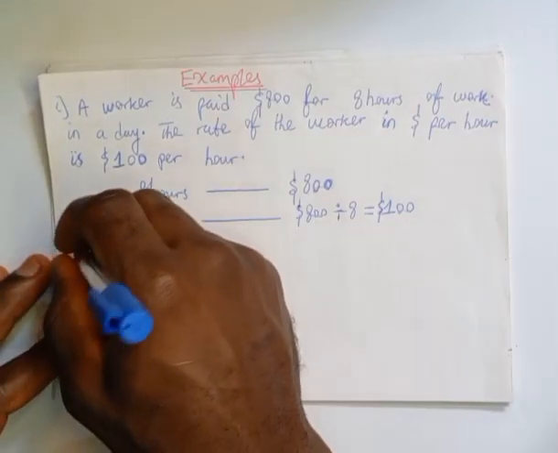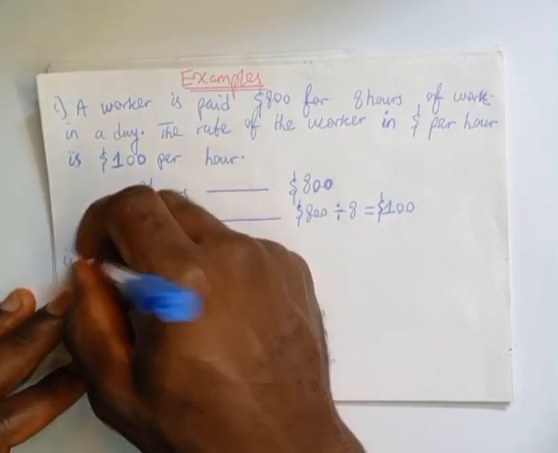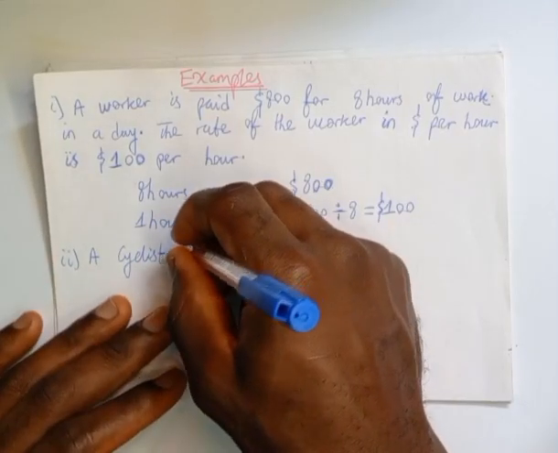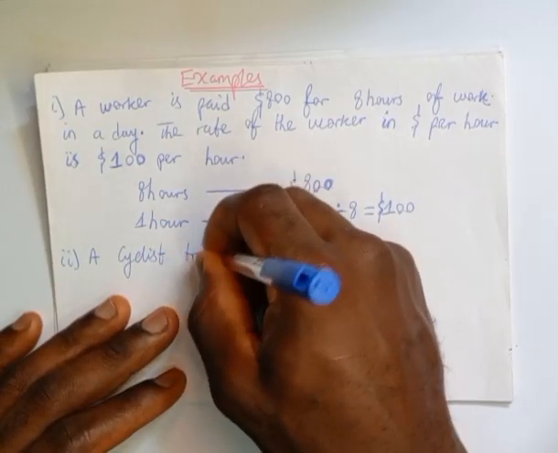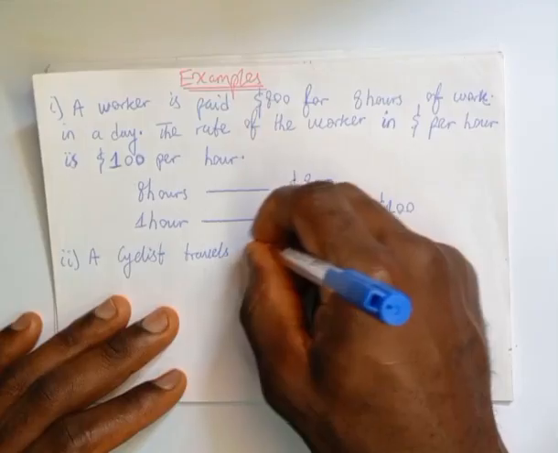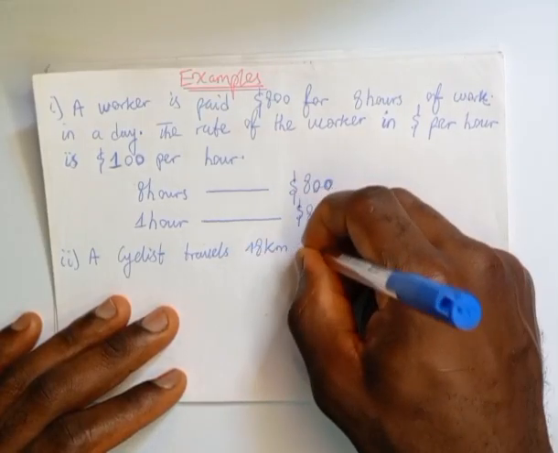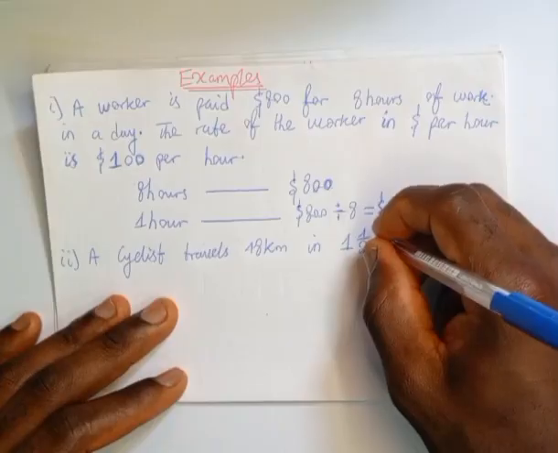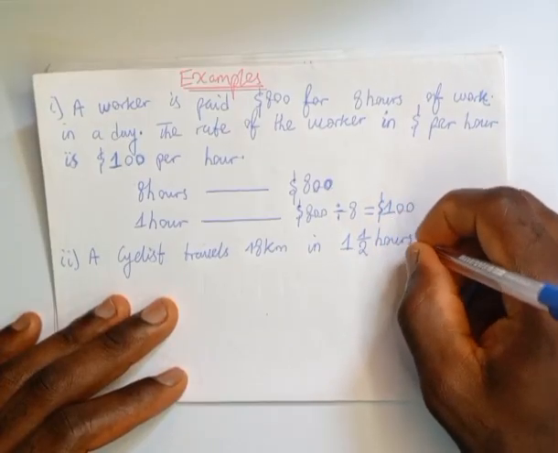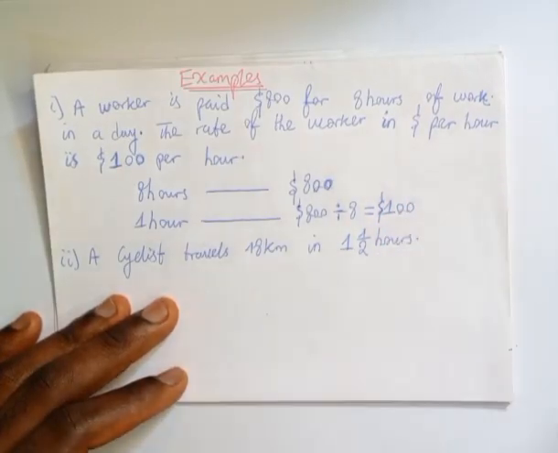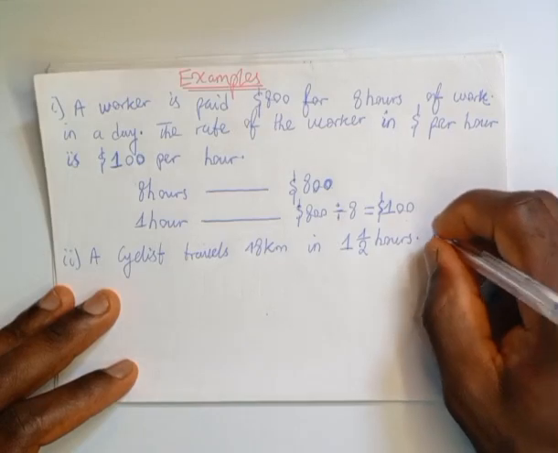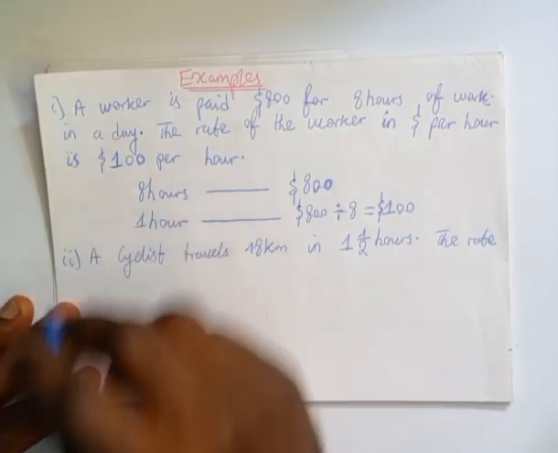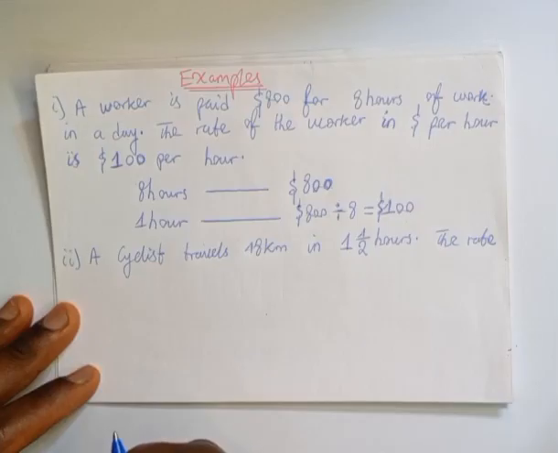We go now to 2i. A cyclist travels 18 kilometers in 1.5 hours. The rate, in this case, you see that the rate will simply be the speed.